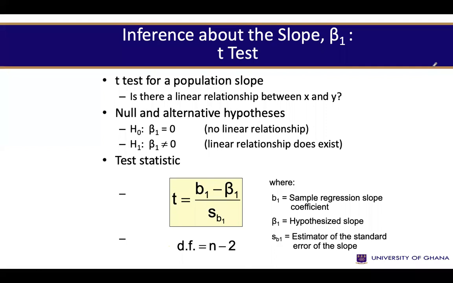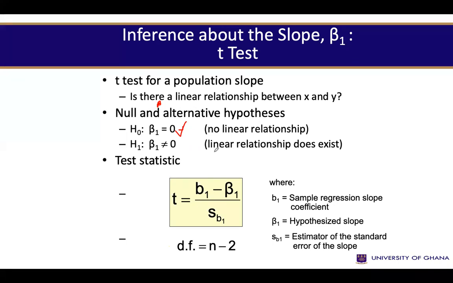So we are going to test the slope, and we are going to use the hypothesis H naught, that beta 1, not b1, but beta 1, because we are testing hypotheses about the population. Beta 1 is equal to 0, and then beta 1 is not equal to 0. If beta 1 is equal to 0, it means that there's no linear relationship, right? If beta 1 is not equal to 0, it means that a linear relationship exists. Okay, so that is what we have.